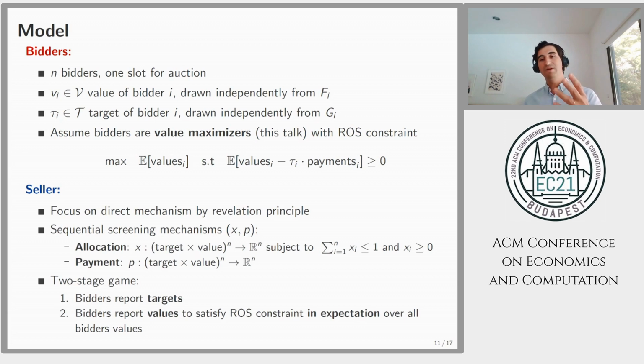Now, one important modeling assumption is that we're going to satisfy the return on spend constraint in expectation over all bidders' values, and we're going to collapse what in practice are repeated auctions into a single auction. This is going to be a single period model with an expectation constraint that is meant to capture the complex dynamics that actually occur in the market, and this is something that has been adopted by many other papers in the literature.